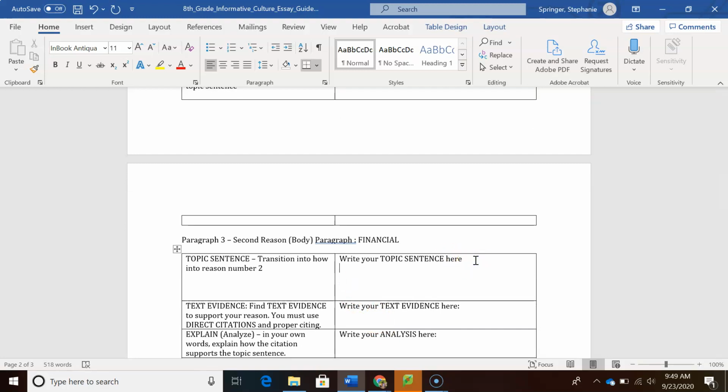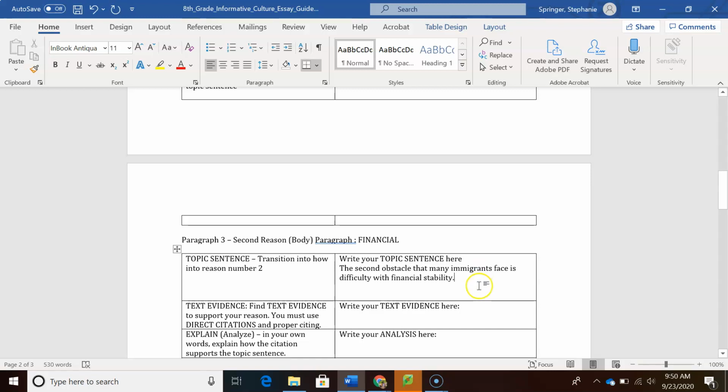All right, so what we want to do here is in our topic sentence, we want to introduce that problem. The second obstacle that many immigrants face is difficulty with financial stability or finances.